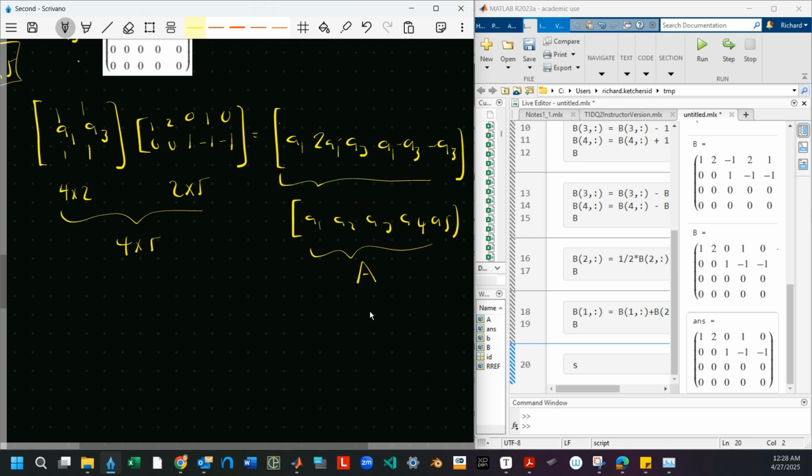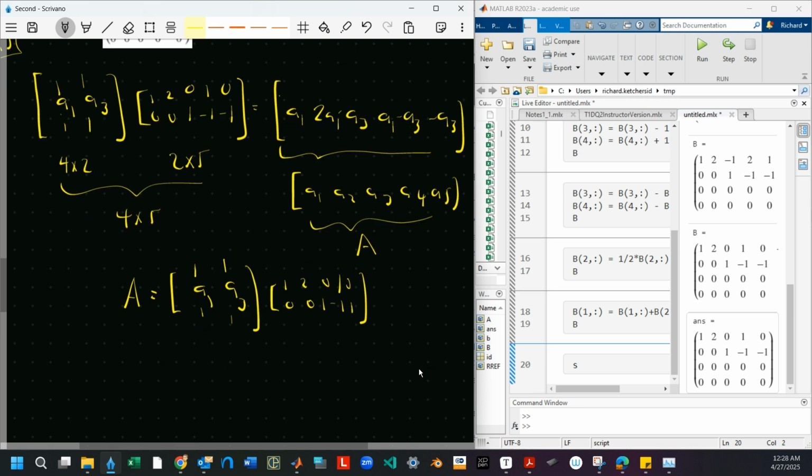So what I'm getting here is that A is equal to these two pivot columns taken from A, together with the non-zero rows of the reduced echelon form. Like that.